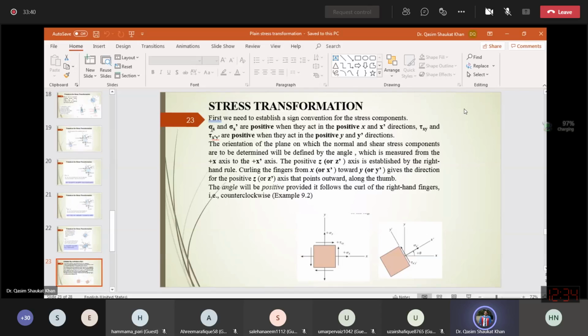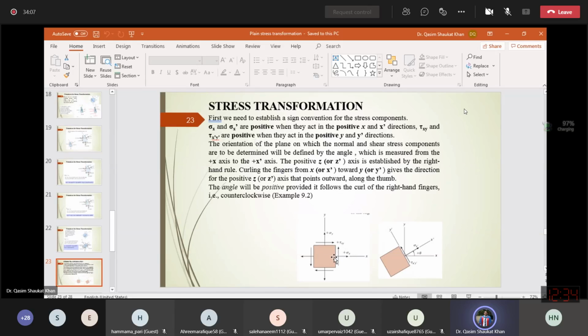At present you do not consider the transformed sigma x dash or tau x dash y dash. At present we are just considering the actual stresses acting along the regular x and y axes.